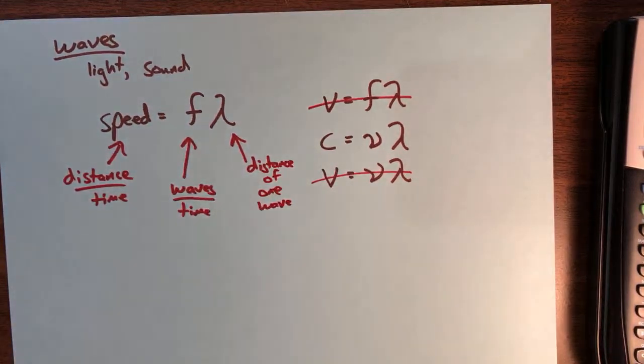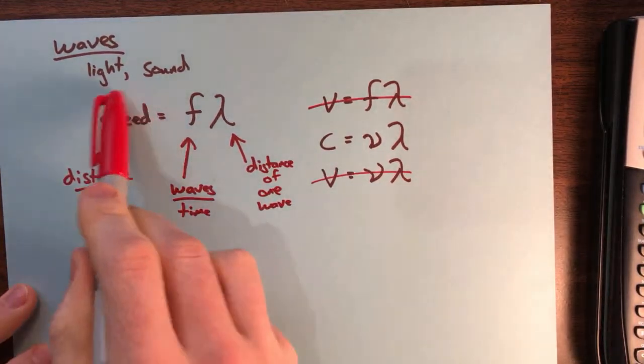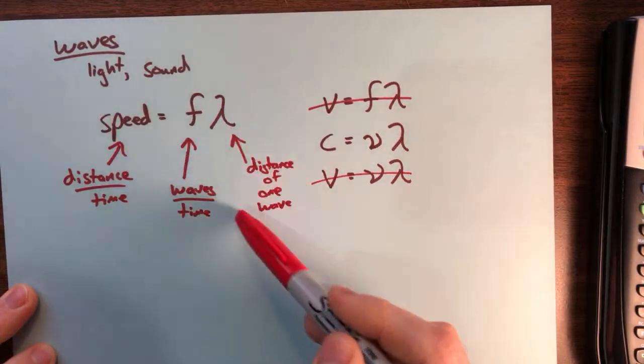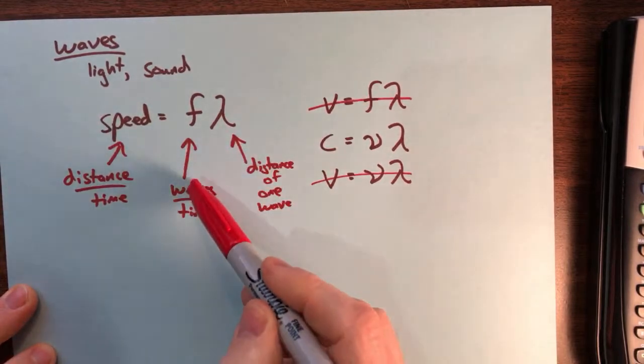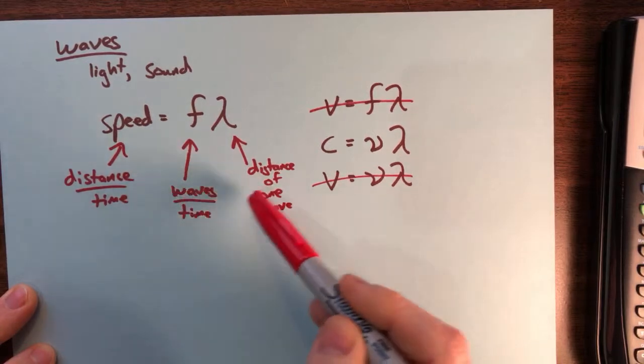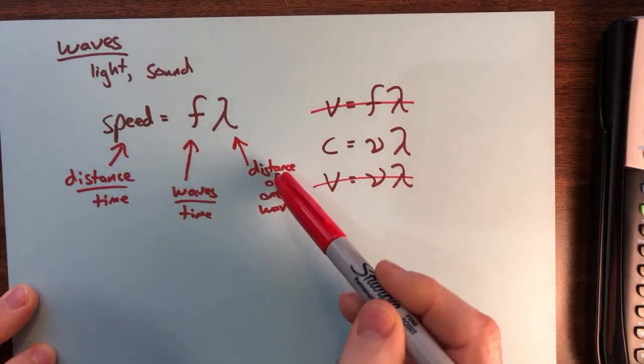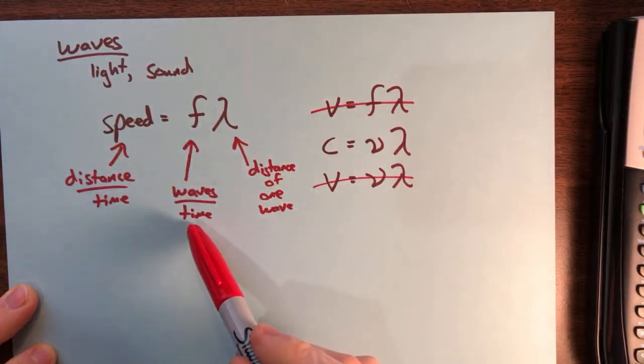Okay, so this kind of makes sense, right? The speed of a wave is going to be the number of waves in a certain amount of time times the distance of one wave. So the number of waves times the distance of one wave is going to get us the total distance that it's going to travel in a certain amount of time.